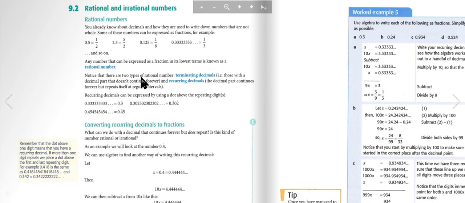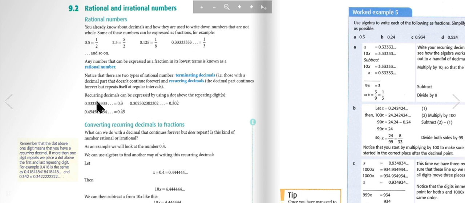Notice that there are two types of rational number: terminating decimals, those with a decimal part that doesn't continue forever, and recurring decimals. The decimal part continues forever but repeats itself at regular intervals. Recurring decimals can be expressed using a dot above the repeating digits.